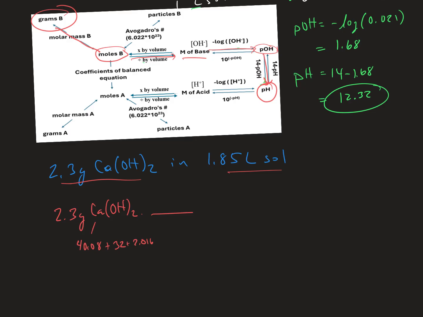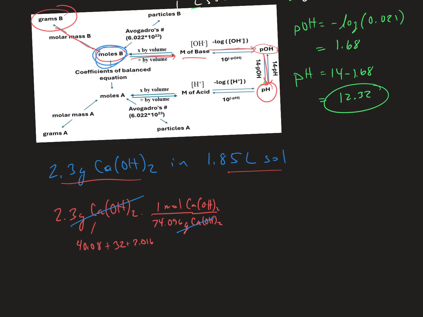And we get 74.096 grams of calcium hydroxide to 1 mole of calcium hydroxide. So grams goes away, good.